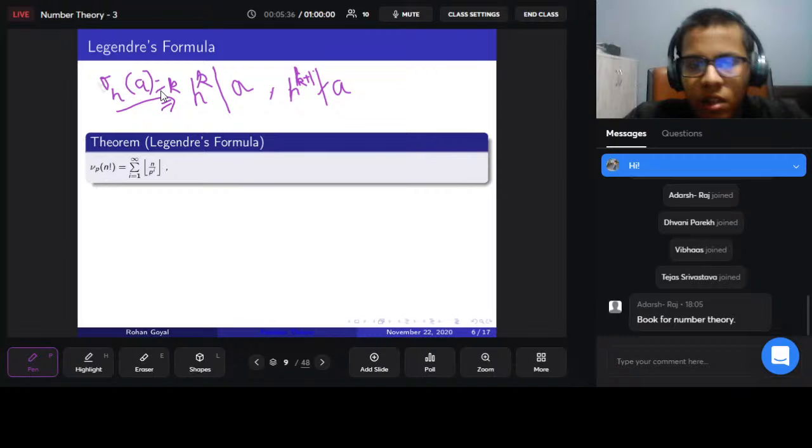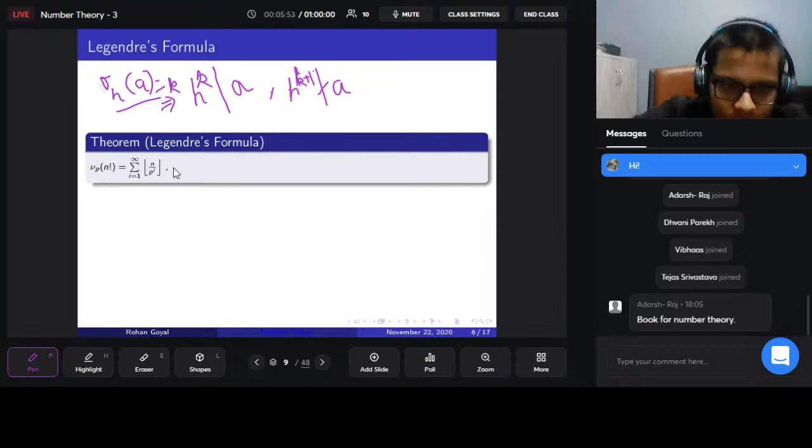Now the theorem states that in n factorial, the biggest power of p that divides n factorial is this sum: floor of n by p, plus floor of n by p squared, and so on, where this is the floor function.